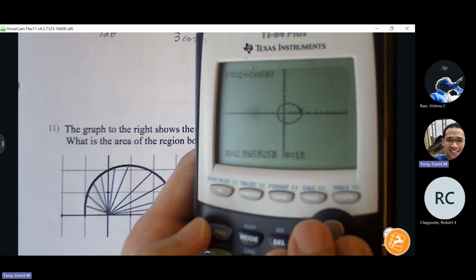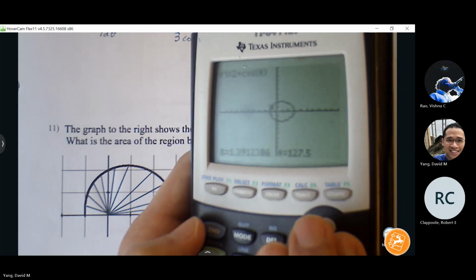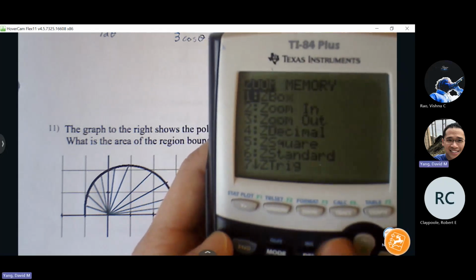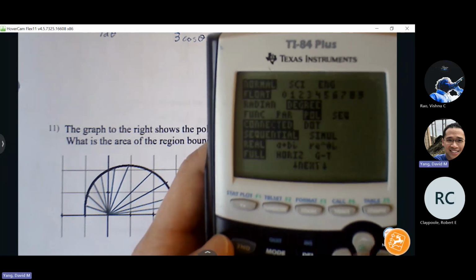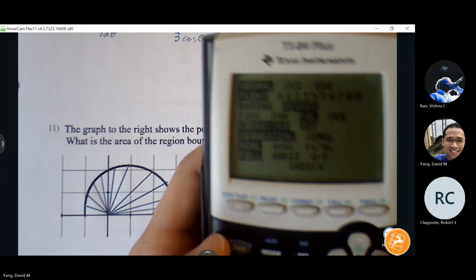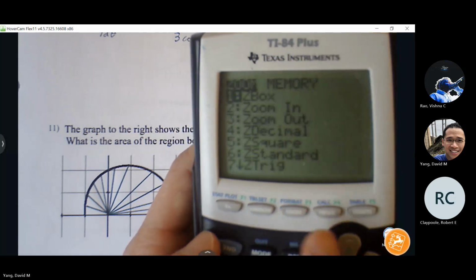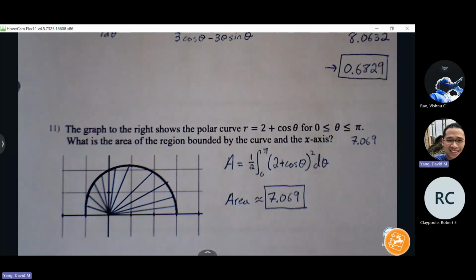go to the right, and you see that as you move to the right, that when it gets to the halfway point, oh, sorry, I should be in, let me go to the trace. Let me be in radian mode instead of degree. Oh, something is messed up.